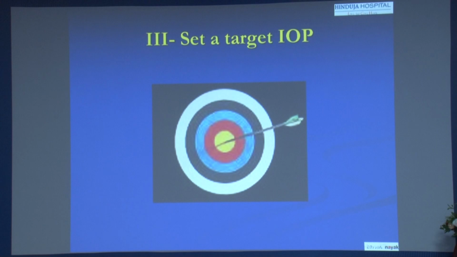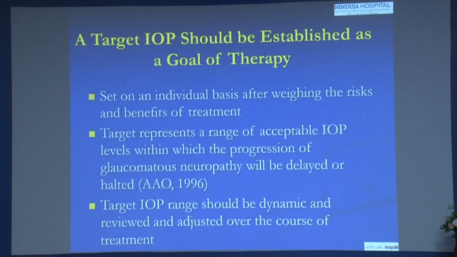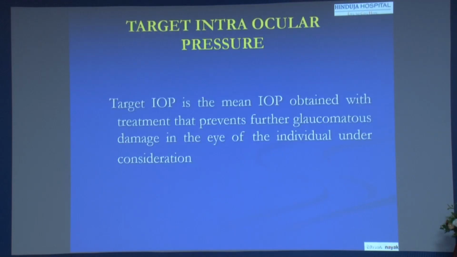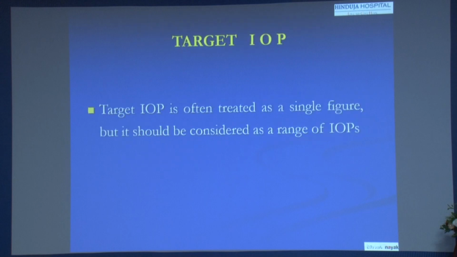Then set a target IOP. There are many formulas and so many things, but you just have to keep in mind that you have to set a target, and the target pressure should be your initial goal. The target pressure, by definition, is that pressure which is supposed to stop the progression or reduce the progression to your desired level without affecting quality of life, or with a reasonable effect on quality of life.